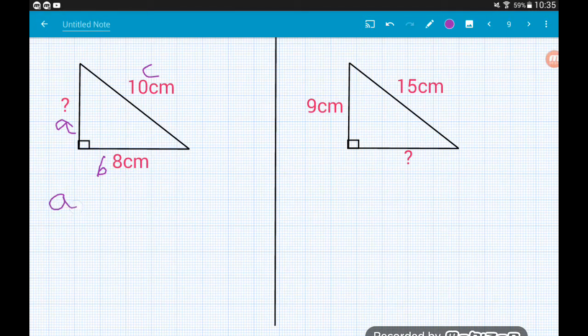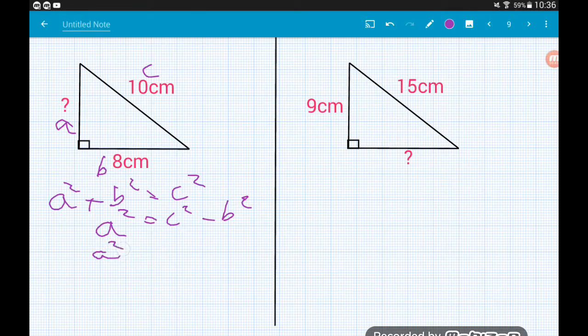Remember, if we start off with A squared plus B squared equals C squared, to get A squared on its own, we take away the B squared and get A squared is equal to C squared minus B squared. So if we substitute our numbers in, we're going to get A squared equals 10 squared, which is 100, minus 8 squared, which is 64.